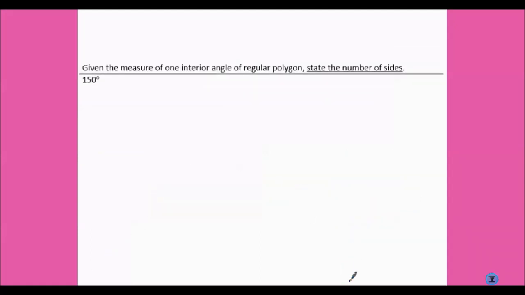And our last type of problem. Given the measure of one interior angle, state the number of sides. So again, it's easier if we use the fact that interior plus exterior is going to equal 180.